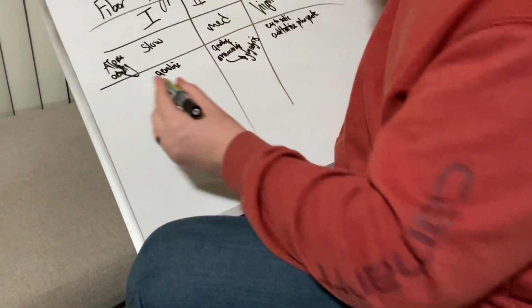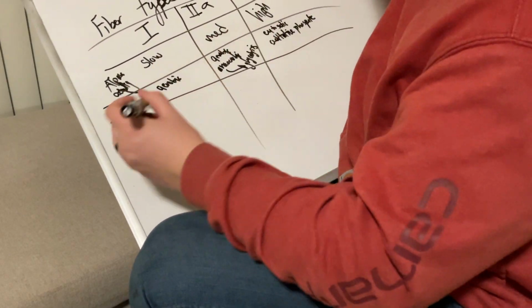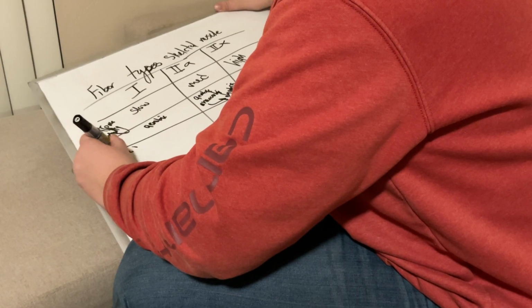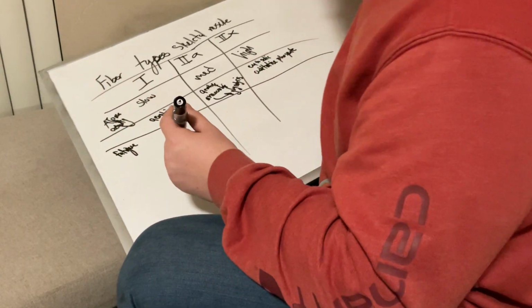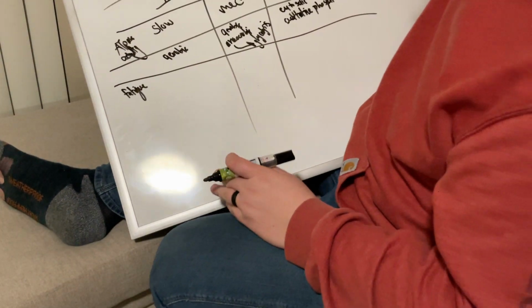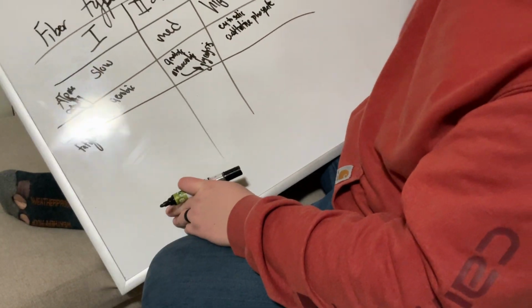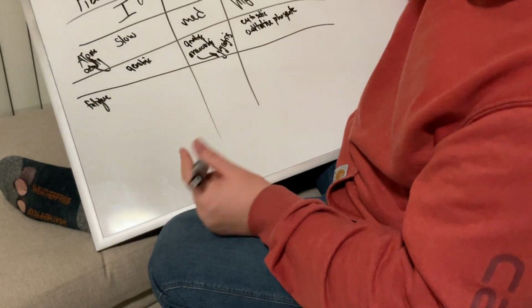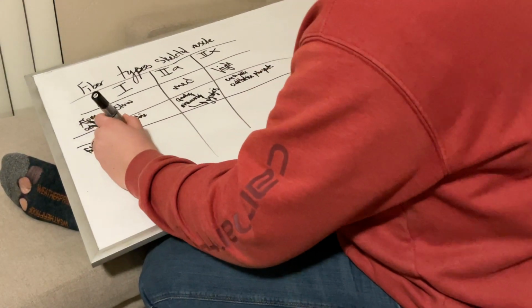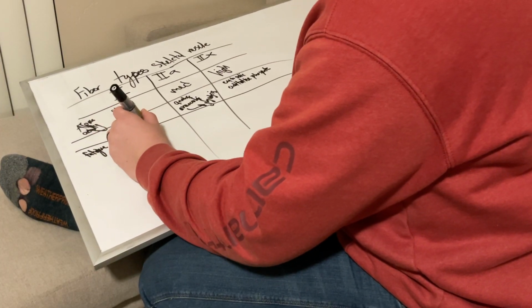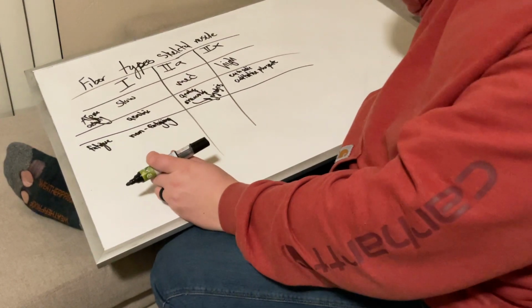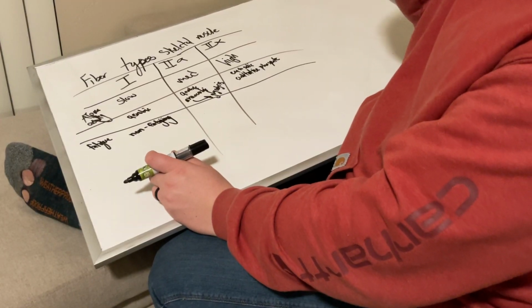For the fatigue, for type 1, we can kind of think of it like the muscles in our back, and our legs too.